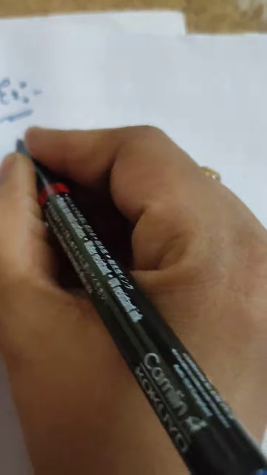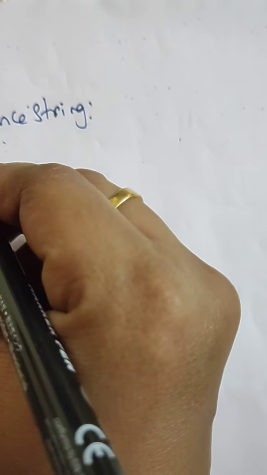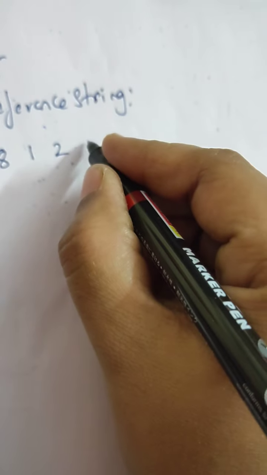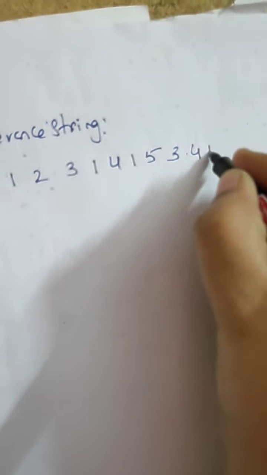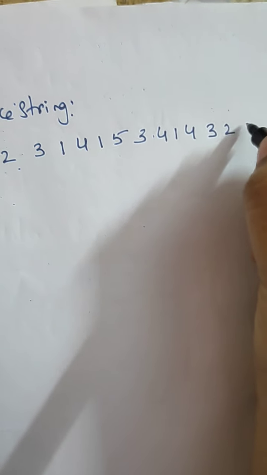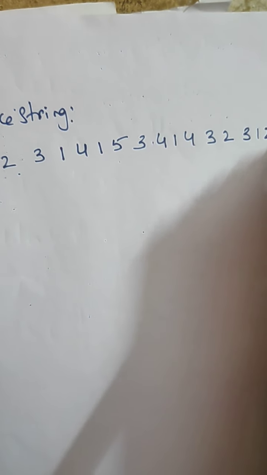First, I'm using a reference string, and based on it I'm going to compare these pages. The reference string is 8 1 2 3 1 4 1 5 3 4 1 4 3 2 3 1 2 8 1 2.